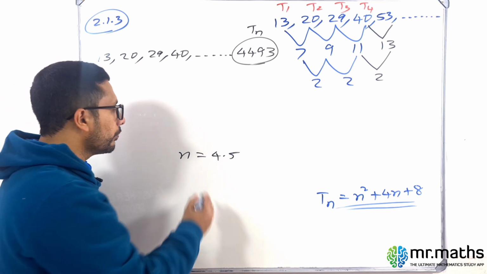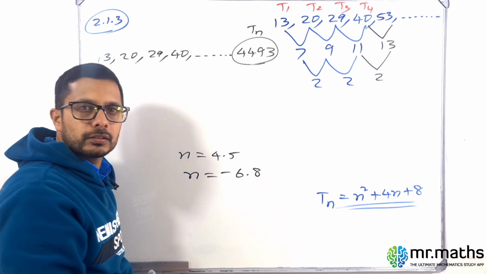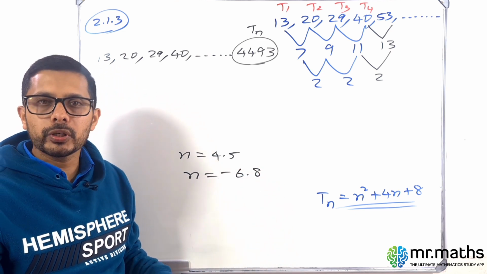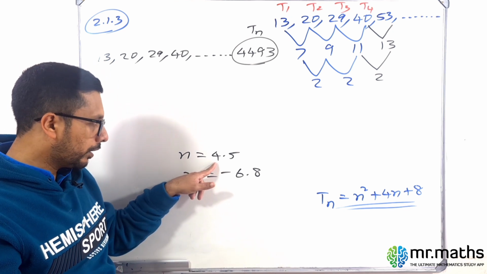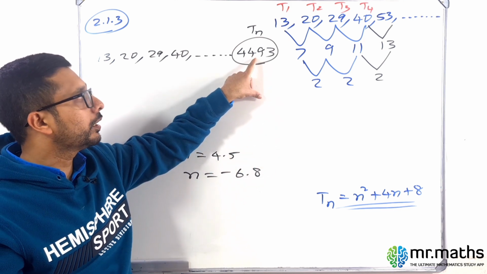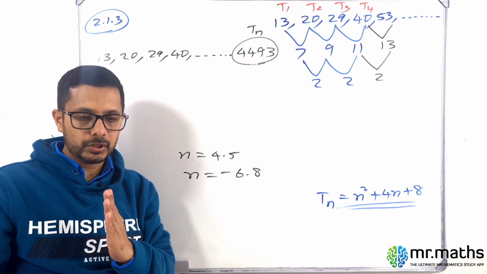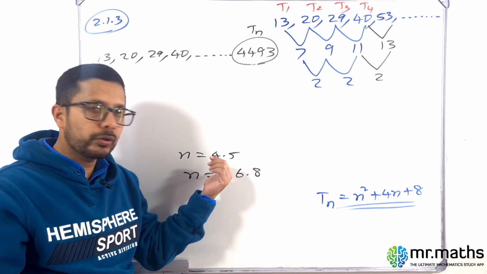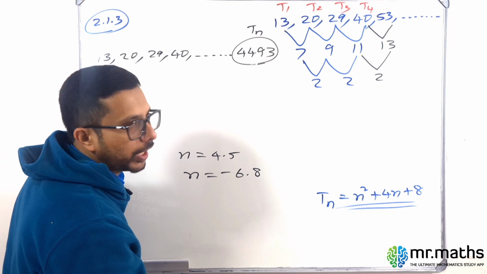Or if you are getting n as minus 6.8, there is no minus 6.8 term. So if you get 4.5, it means that this is not a term in that sequence, because we only have the 4th term or the 5th term. So we have to find the value of n anyway.